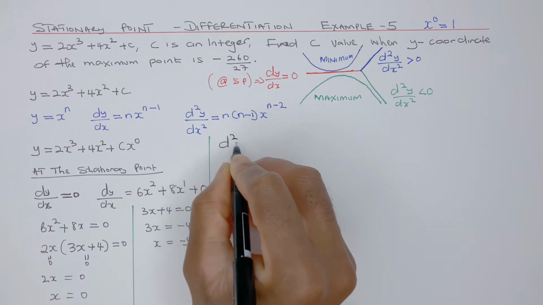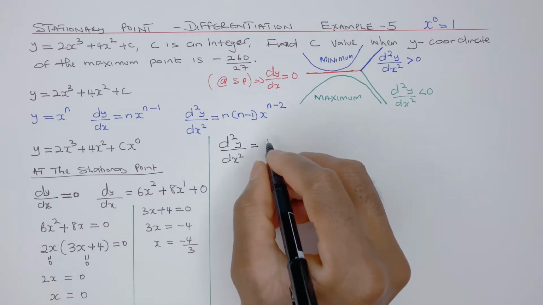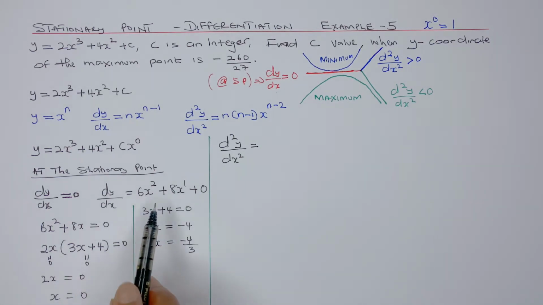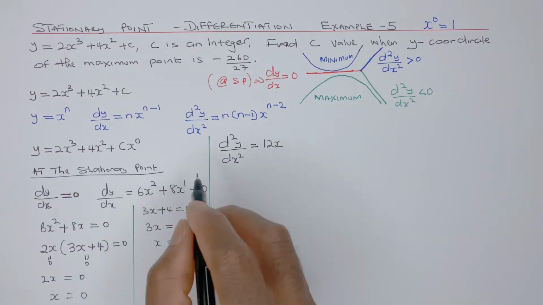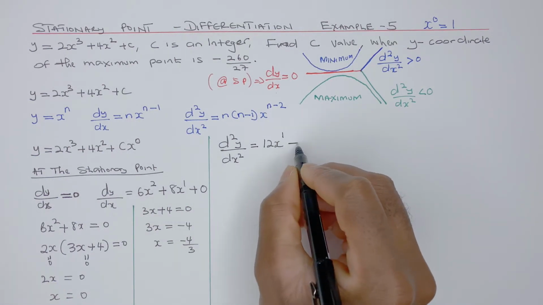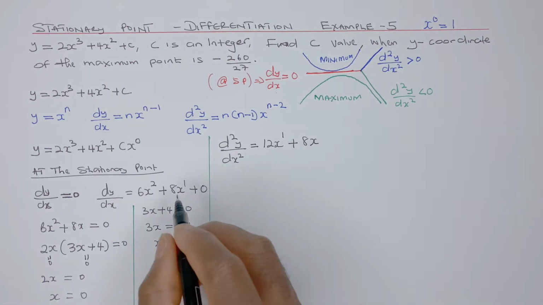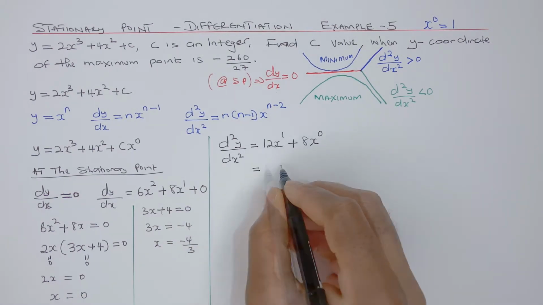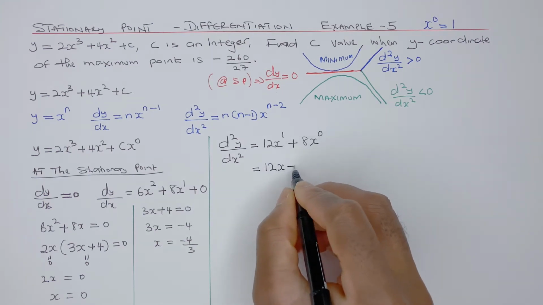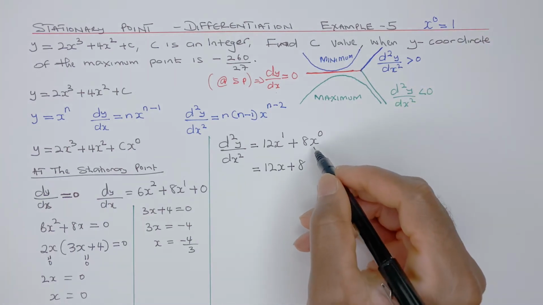So d2y/dx squared will be, if you differentiate that again, 2 times 6 is 12x, 2 minus 1 is 1, plus 1 times 8 will be 8x, 1 minus 1 will be to power 0, and that will be 12x plus 8, because x to power 0 is 1. 1 times 8 is 8.